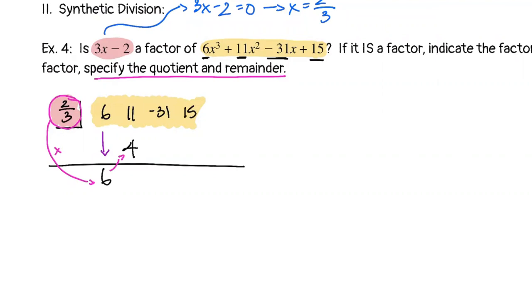We're going to keep going until we get to the very end. All right. 11 and the 4. We are going to add them. 11 plus 4 gives me 15.